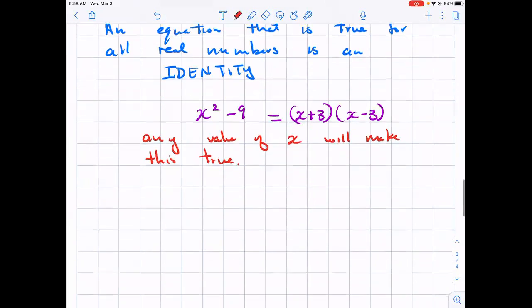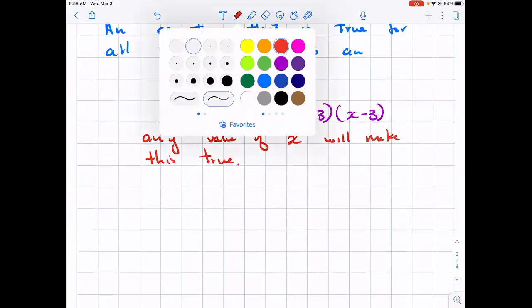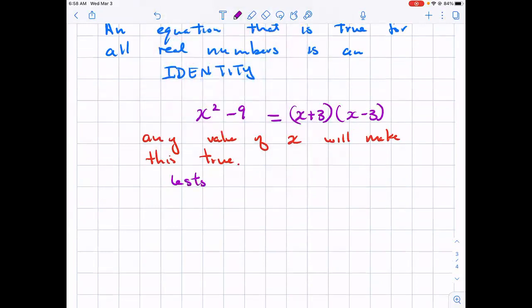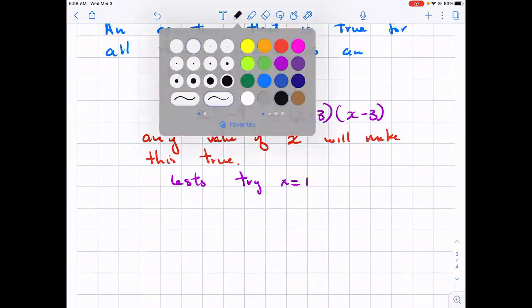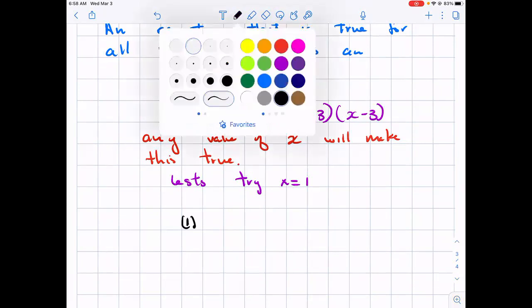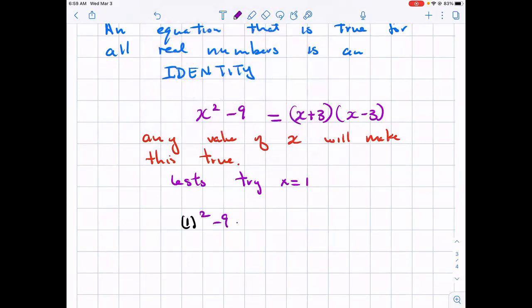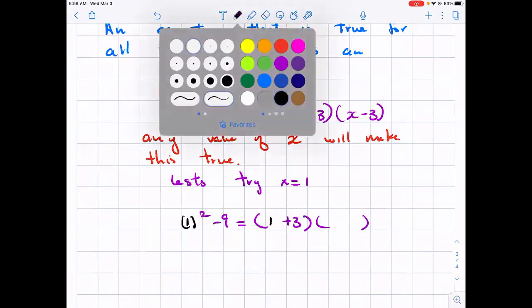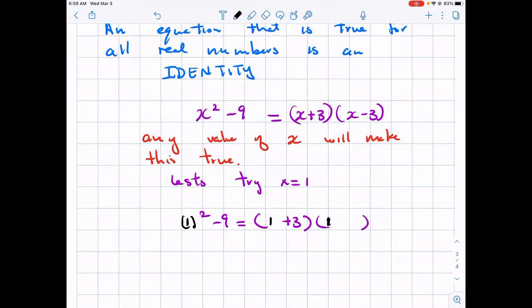Let's try x equals 1. We have 1 squared minus 9 equal to 1 plus 3 times 1 minus 3.